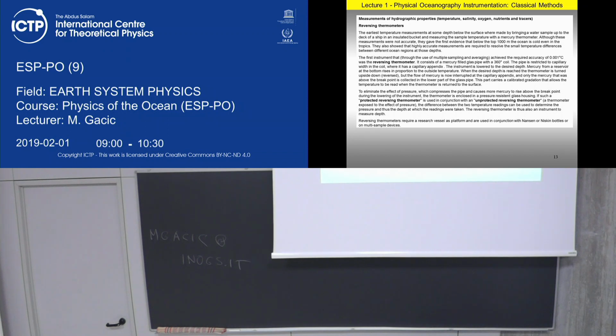And here is the first instrument, because now we are talking about the measurements of hydrographic properties: temperature, salinity, oxygen, nutrients, and traces. The first temperature measurements were done by what we call reversing thermometers. Why reversing?